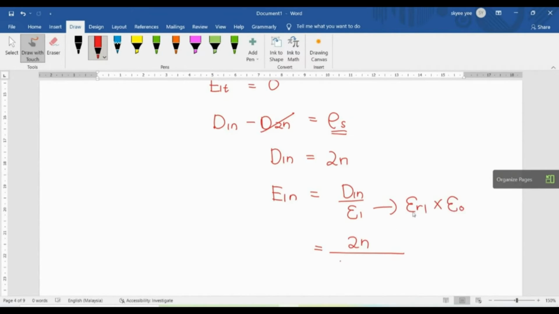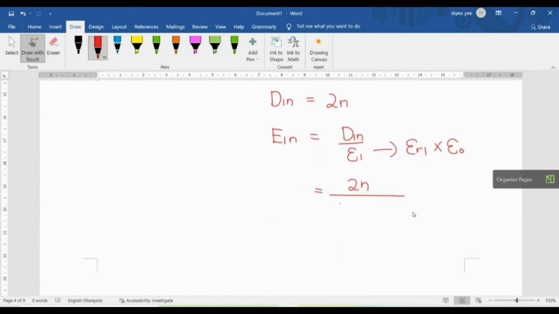The question tells us epsilon R1 is equal to 2, times epsilon naught, and you can get it from a calculator. So now you should calculate your E normal: 2.9 divided by 2, so you get 112.94. And this is E1n.